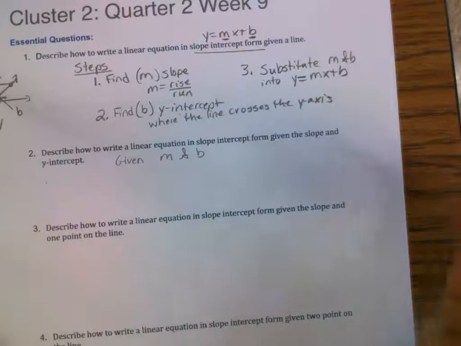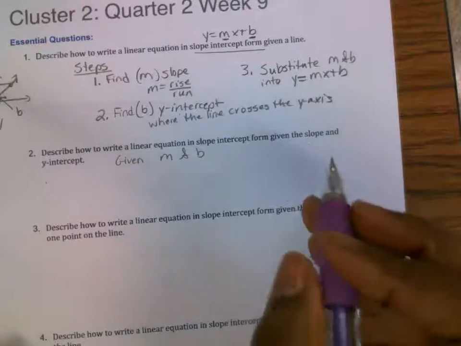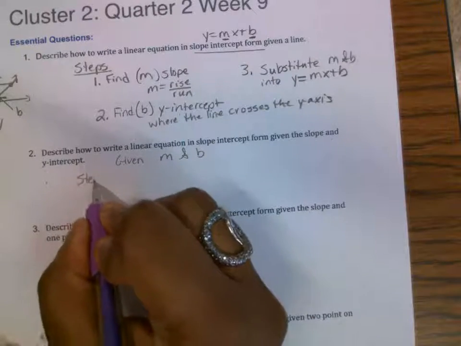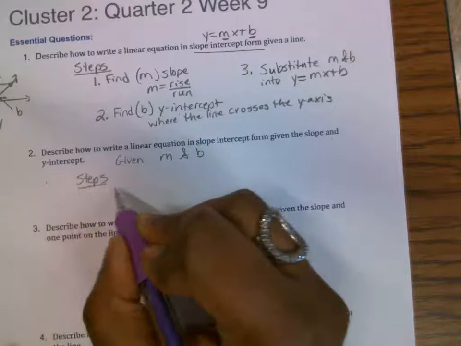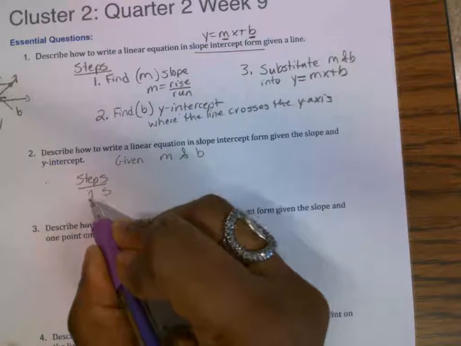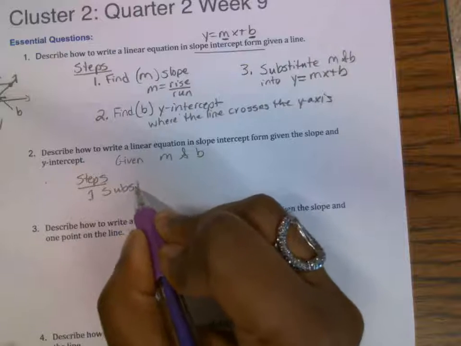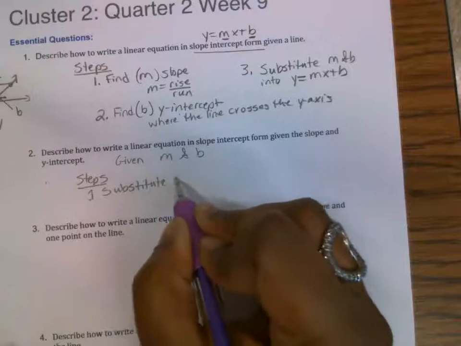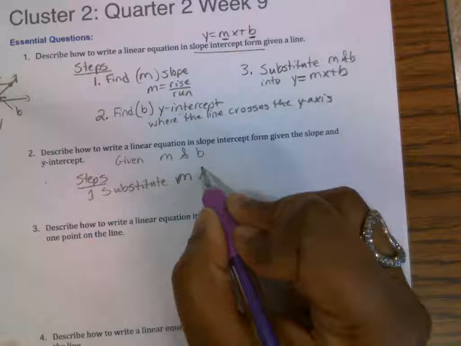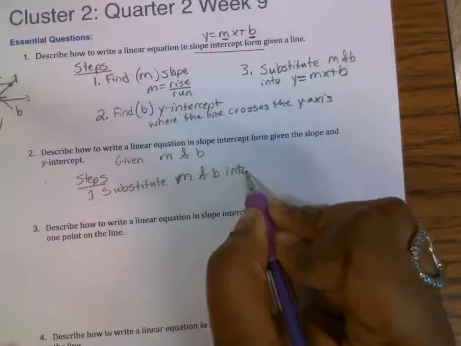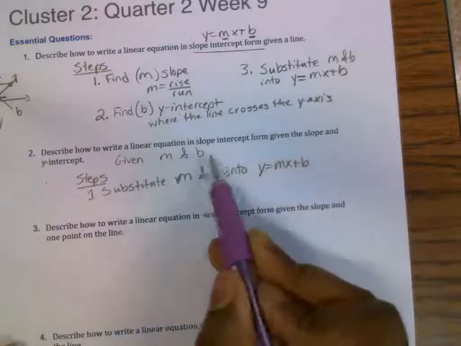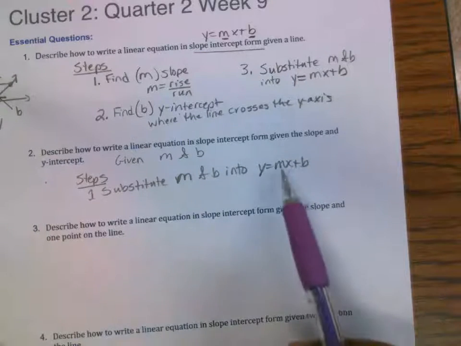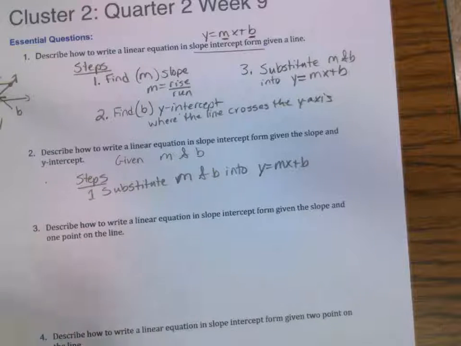So all you have to do here is substitute these values into the slope-intercept form. That's all you have to do here. You're just going to take m and b because they're already given, and you're going to plug them here and here, and you have your equation. That's the easiest one.